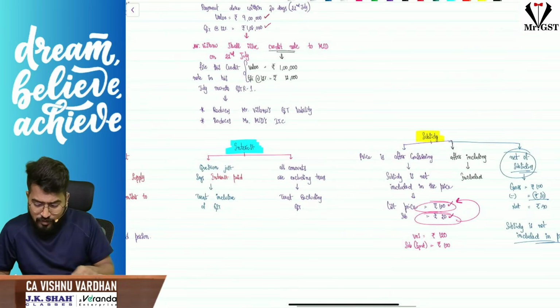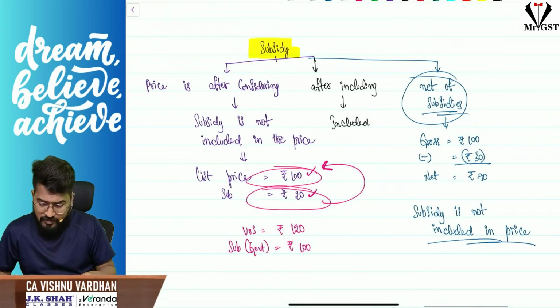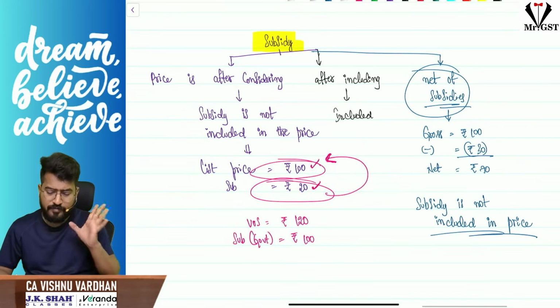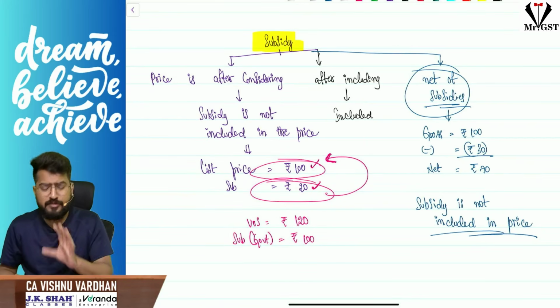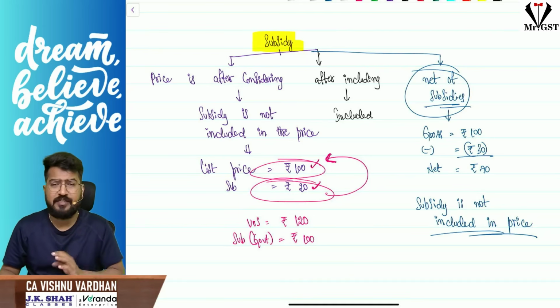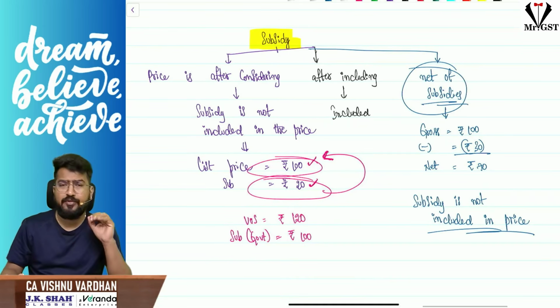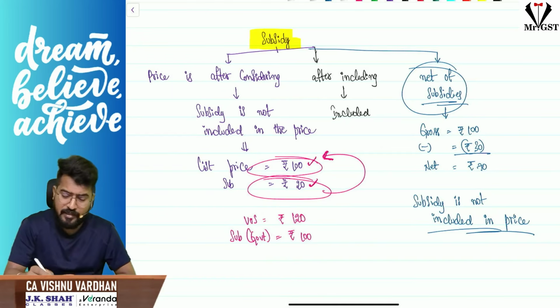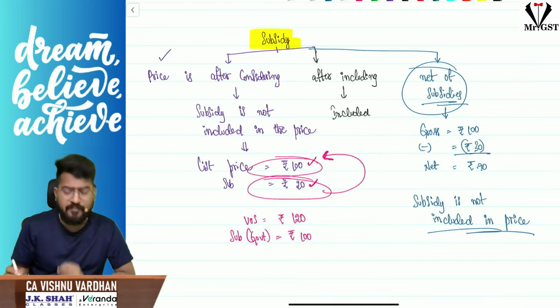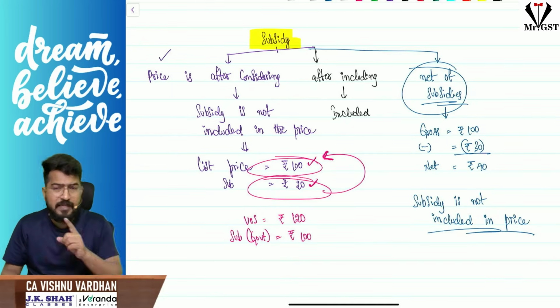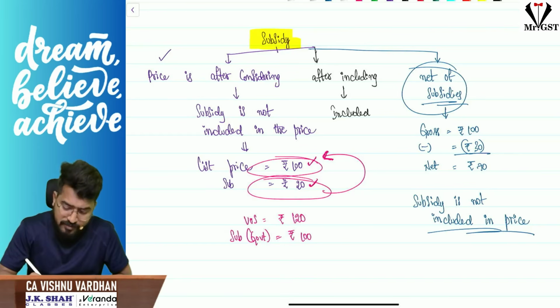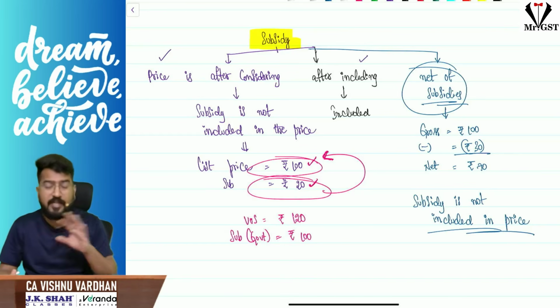Now, the tax treatment, the treatment in problems. In problems you will mainly find these three types of wordings for subsidy. They may use the words "price after considering subsidy". Please understand, price after considering subsidy and price after including subsidy are different.